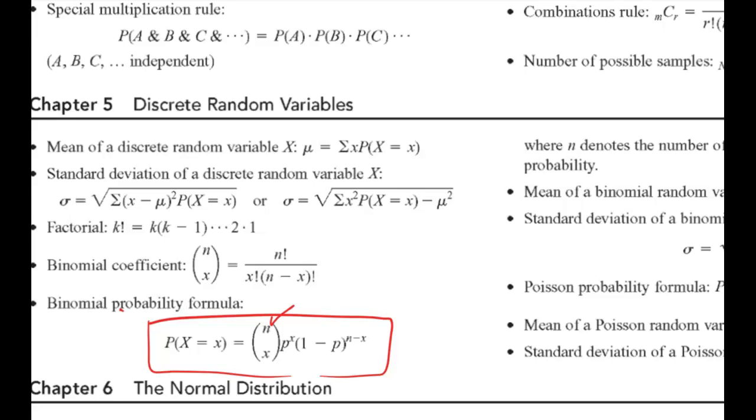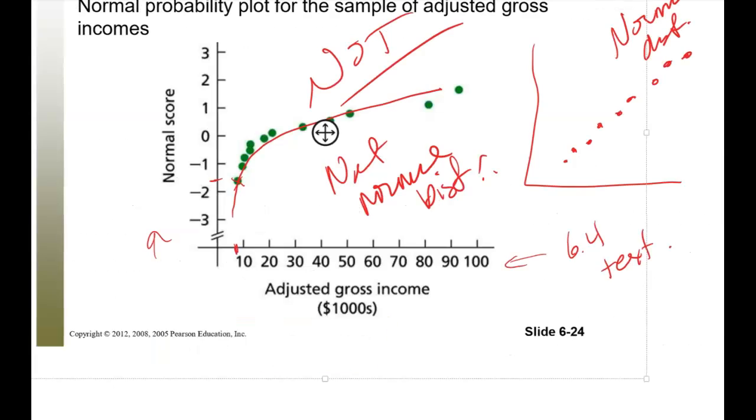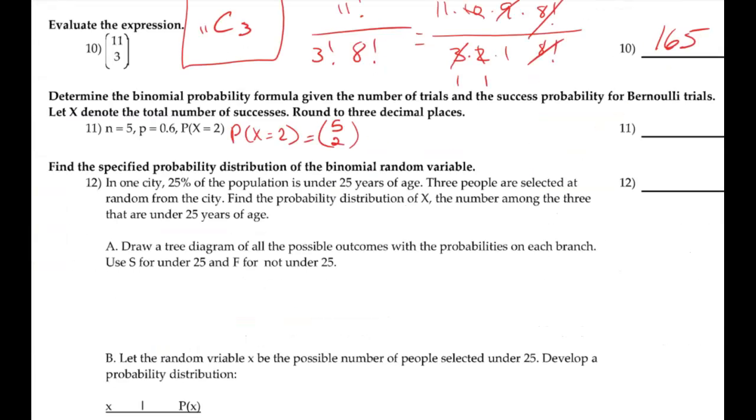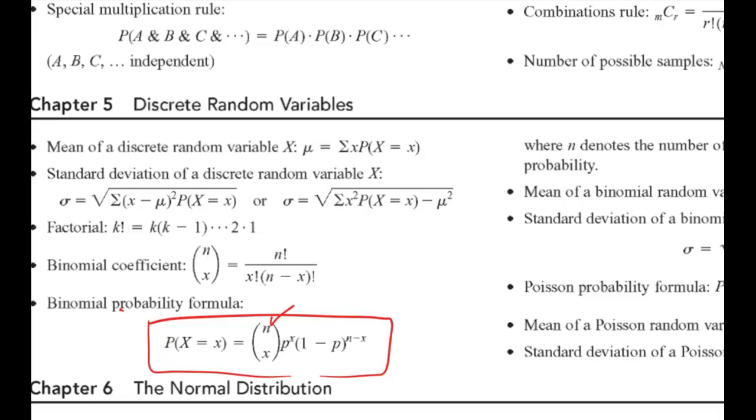Now I need the probability of a success, and I take that to the second because I want 2 successes. So the probability of a success is 0.6. I'm going to have 2 successes because that's my X value. And then I need the probability of failure. Well, the probability of success is 0.6, failure is 0.4, to the power of the difference between N and 2.